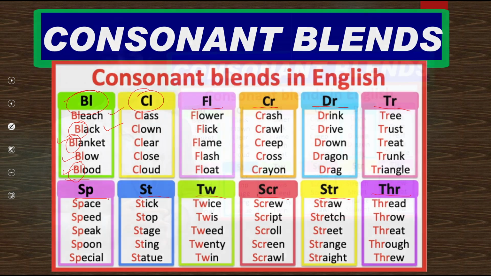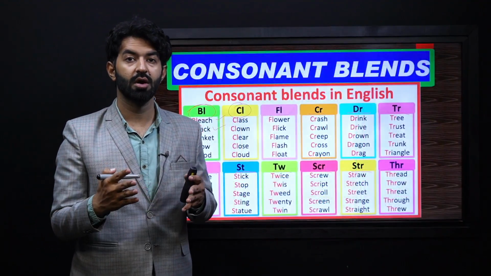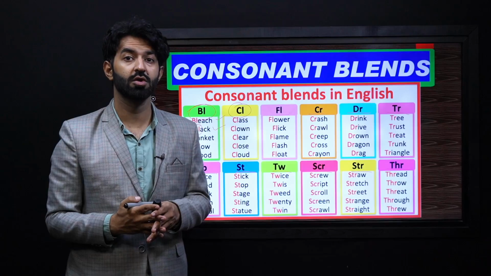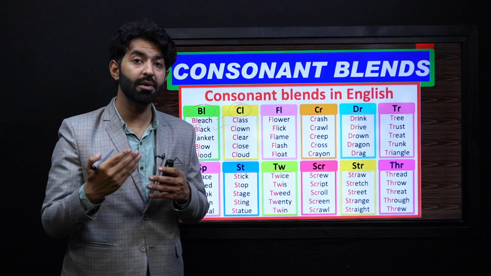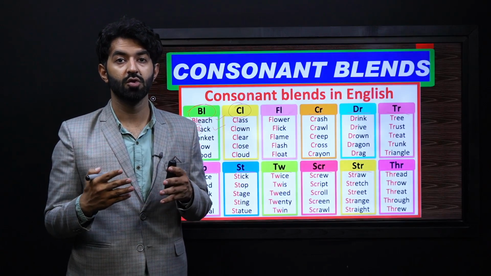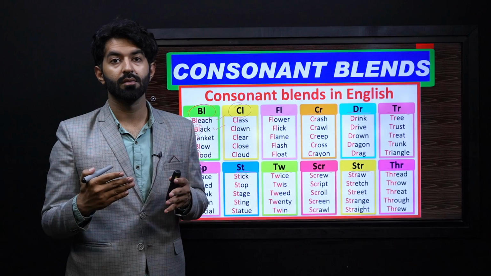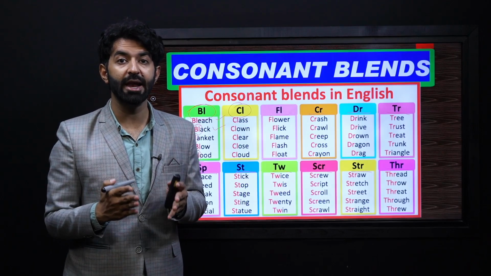These are all the consonant blends. You can note them down, you have to memorize them, and after memorizing them, you will know that you cannot go wrong with the spellings.